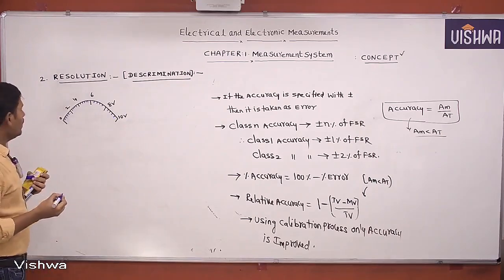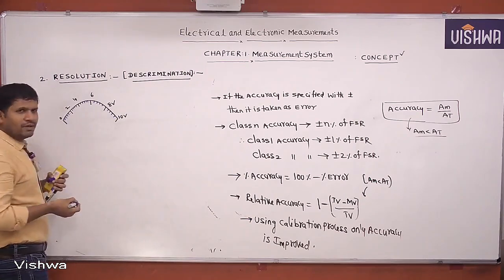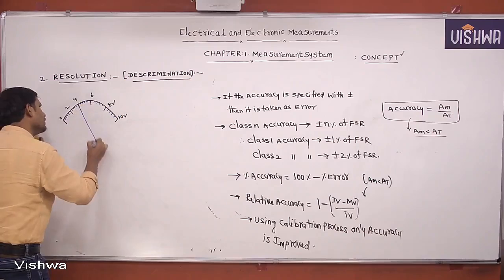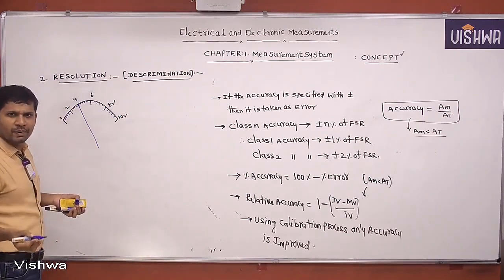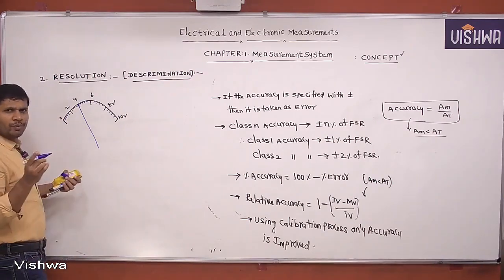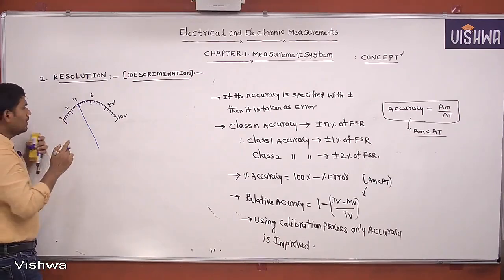Let us assume that we already started the experiment. The pointer is at 4 volts reading. The point to remember here: this is subdivided into 5 divisions, so what does each division indicate?